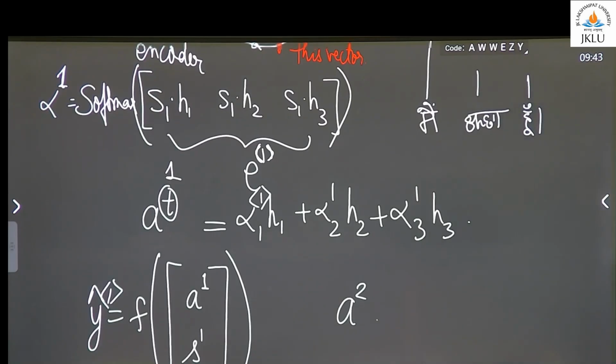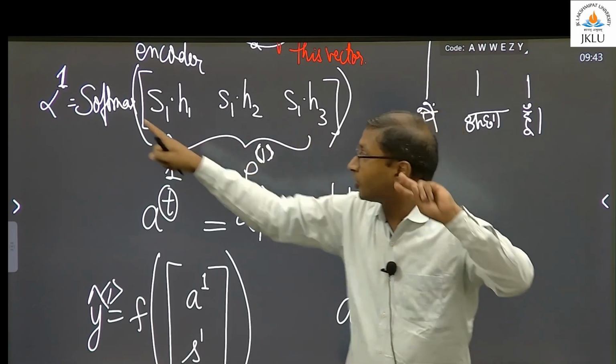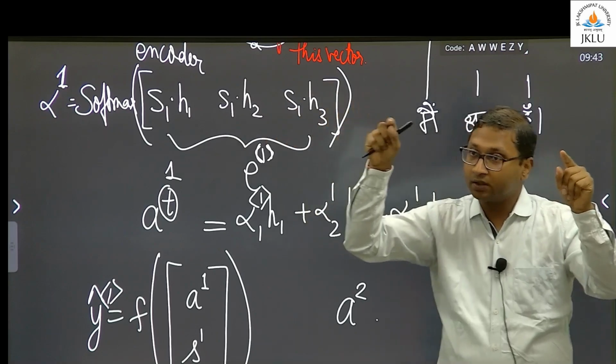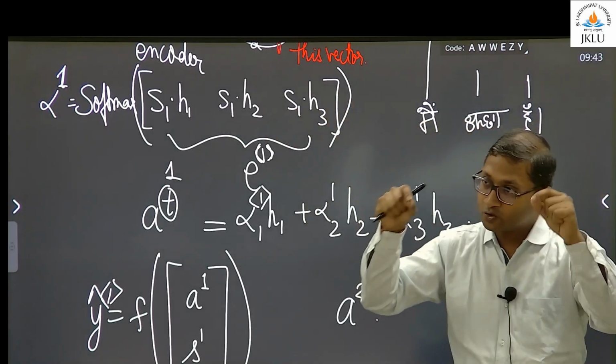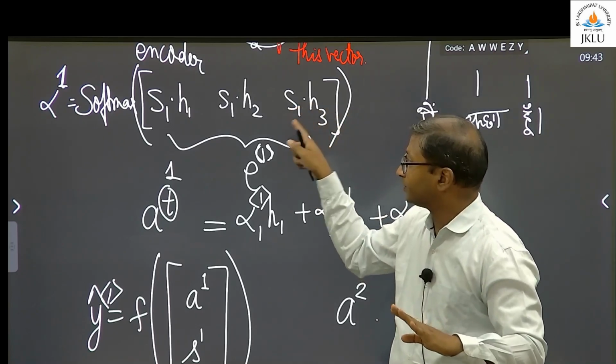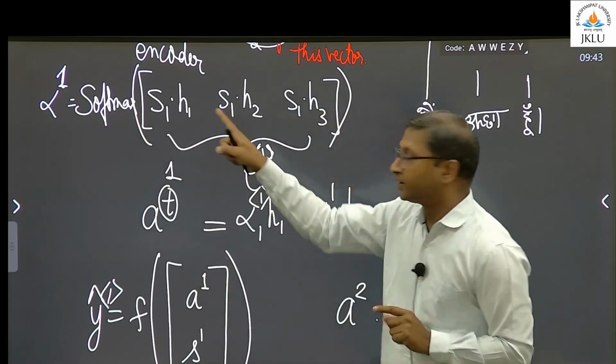You give me the whole equation now, every step. See this, for alpha 1 you had S1, for alpha 2 you will have S2 dot H1, S2 dot H2, S2 dot H3. That will give you alpha 2 after you take softmax. That gives you probability distribution.